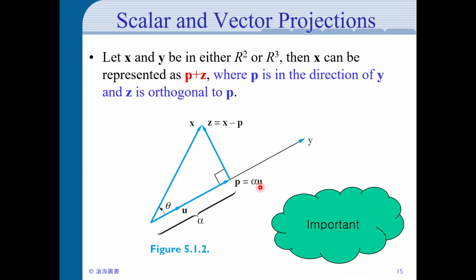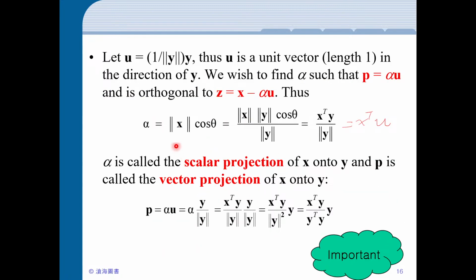That's this whole vector p, and it's just alpha u, where u is y normalized, y divided by the length of y. Alpha is x^T y divided by the length of y, and then you have another y divided by the length of y. So that's x^T y divided by the length of y squared, times y, which is x^T y divided by y^T y, times y.